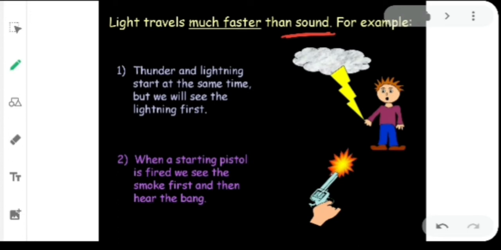At that time, when the clouds thunder, you see the lightning first and then you hear the sound of thunder. This lightning, the instant flash, is visible to our eyes first. This is an example of how light travels at a great speed.